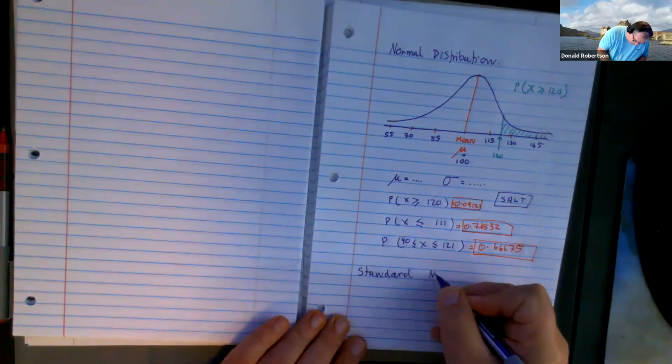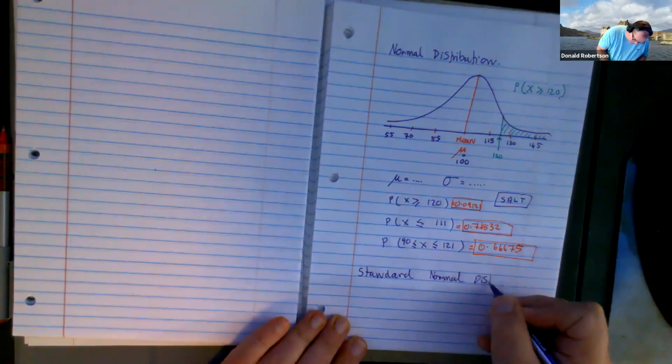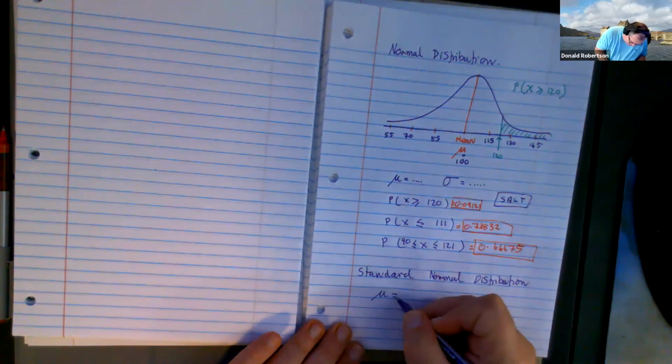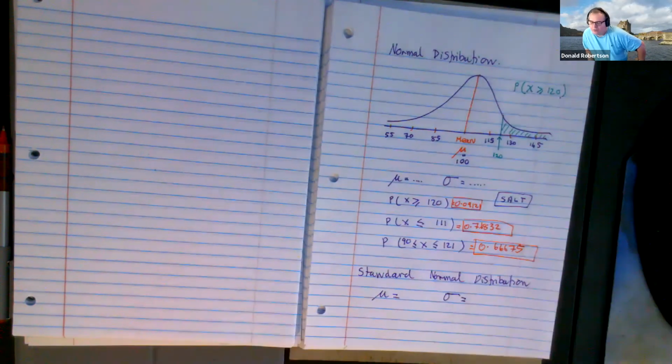Now, there is a very special normal distribution, which is called the standard normal distribution. And it's essentially the same as that guy. It's got all the same properties. But what is the mean and the standard deviation for a standard normal distribution?